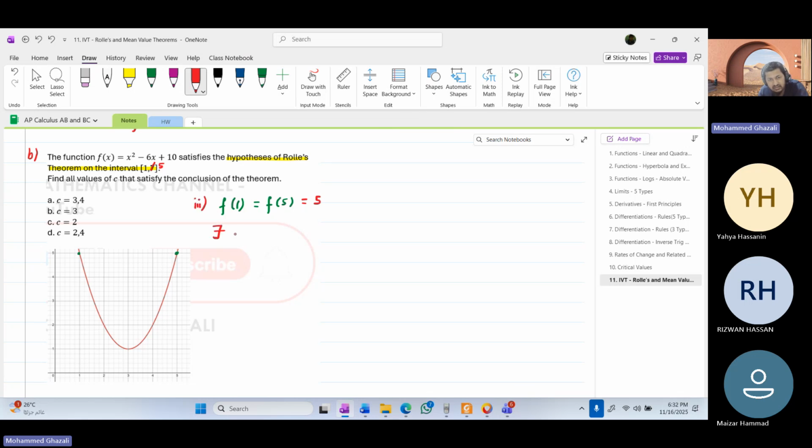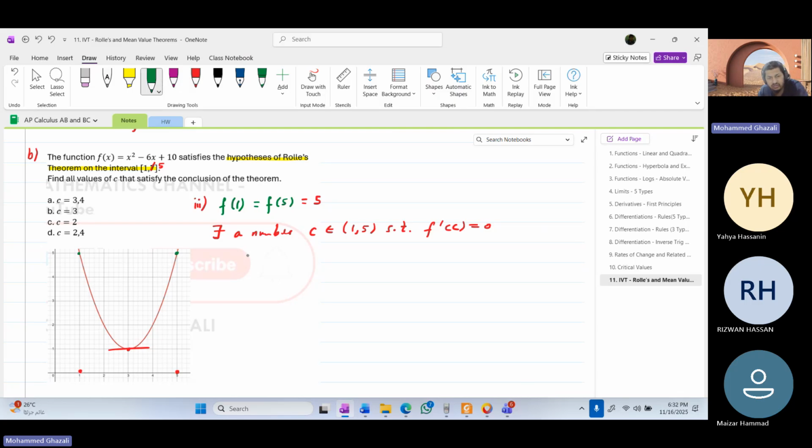So there exists a number c in the interval 1 to 5 such that f prime c is equal to 0. You can clearly see that the value is between 1 and 5, and that value is 3. That's where the horizontal tangent is.